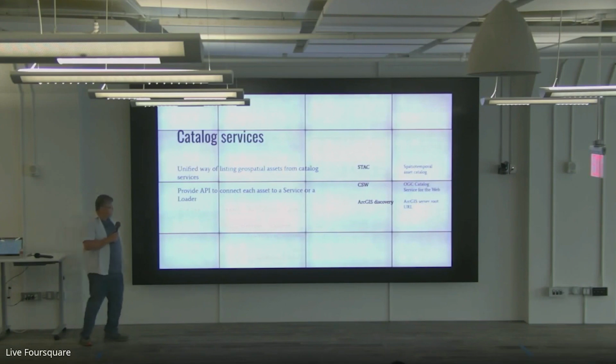Another thing that I personally think is interesting and we're looking into is catalog services. Discovering all these great spatial and spatiotemporal datasets out there can be quite tricky. And so there are a number of different catalogs available in different formats.